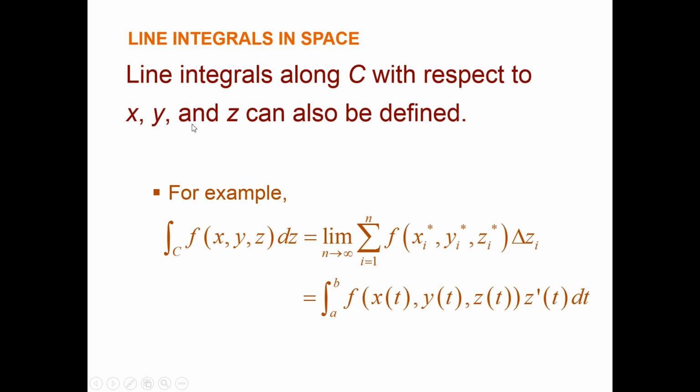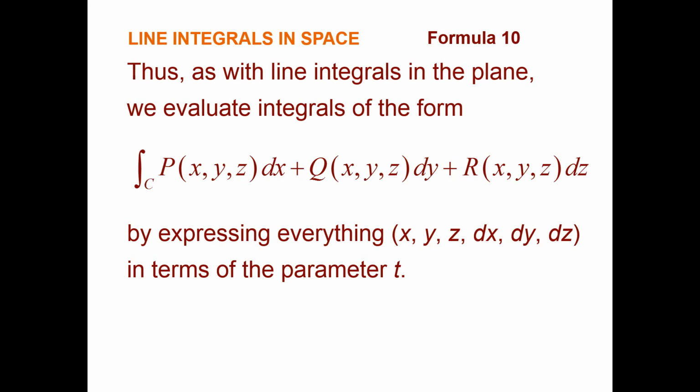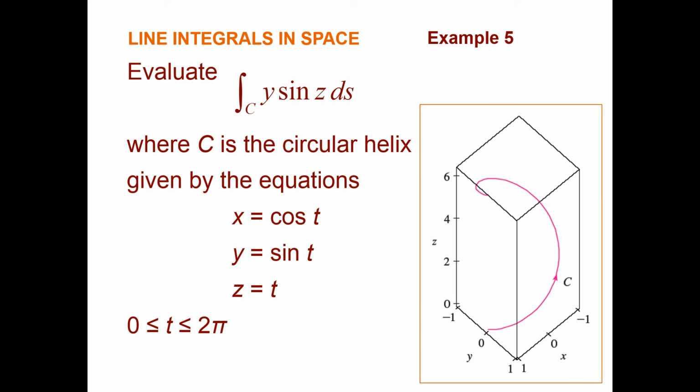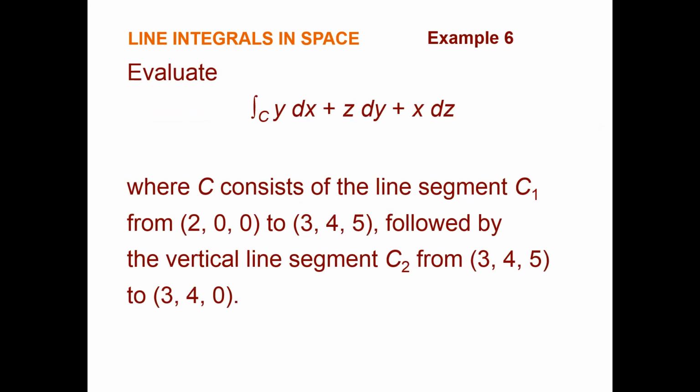All right, line integral in space continues, and there are a few examples in your book, and I'll urge you to do them yourself. I'm not going to discuss them here, although they are given, but this is example number 5. You have to do it yourself. Example number 6, so please do it yourself.